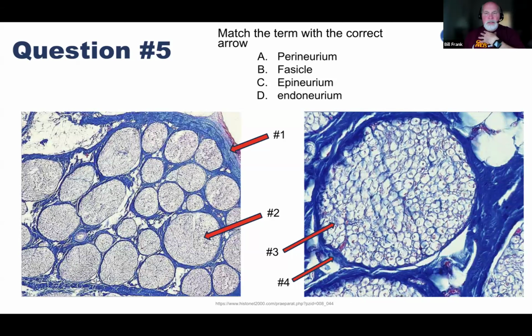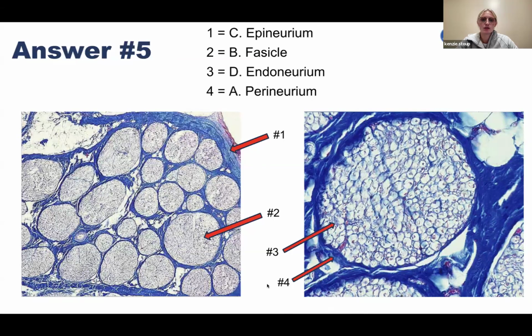We have A is 4. Yes, that's correct. 1 is C. Yep, that's correct. B is 2. Yep. Okay. And that leaves D. So we can go ahead and look here.